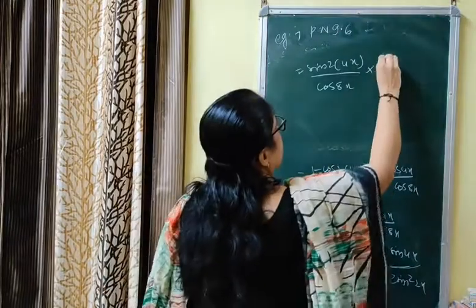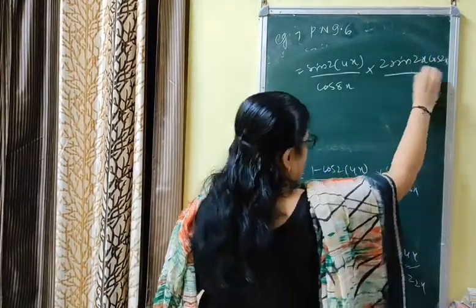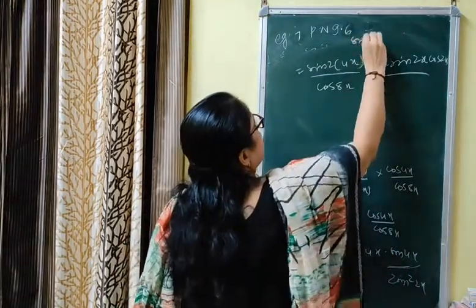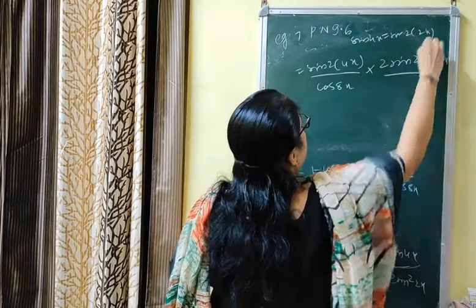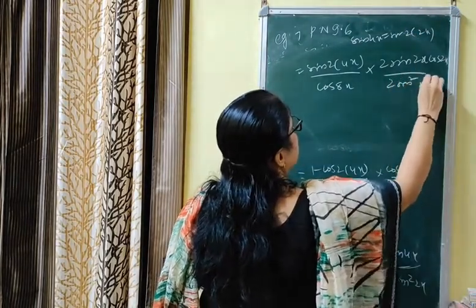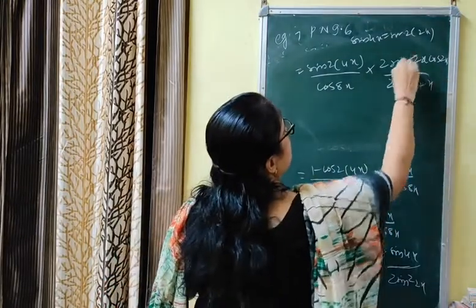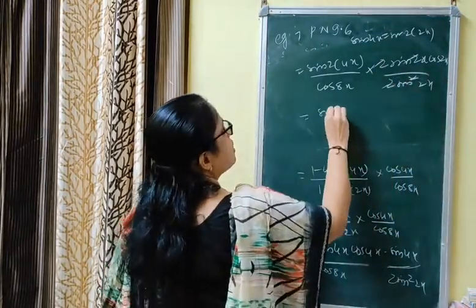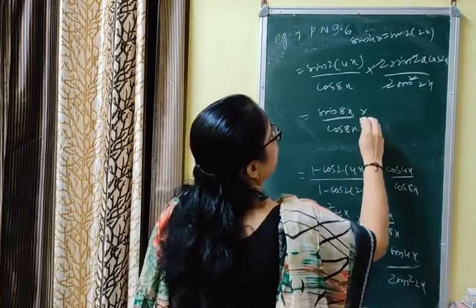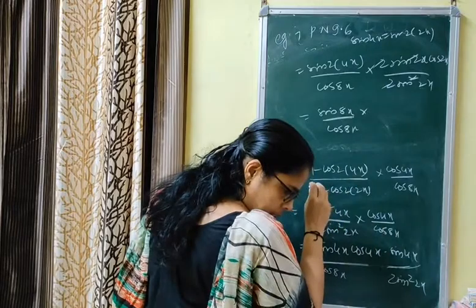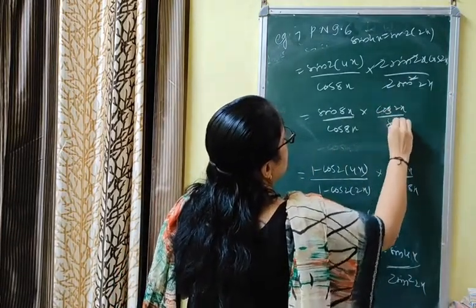Second term: sin 4x can be written as 2 sin 2x cos 2x. How can we write sin 4x? Sin 4x is sin 2 into 2x, upon 2 sin square 2x. Now one sin 2x is getting cancelled, that is sin 8x upon cos 8x into cos 2x upon sin 2x.